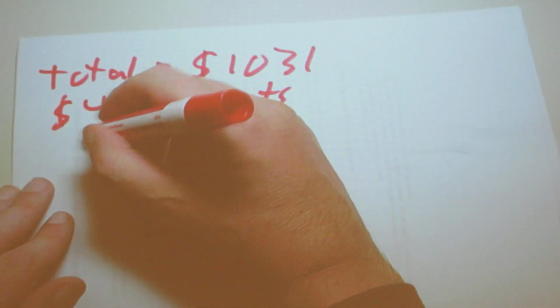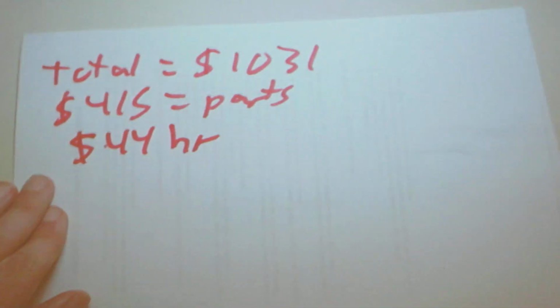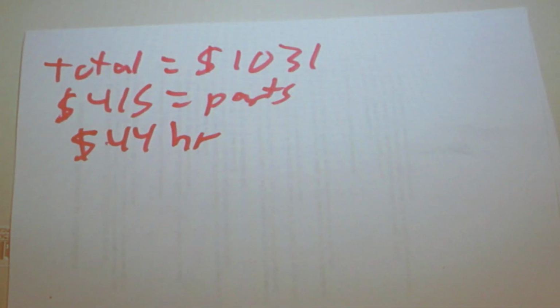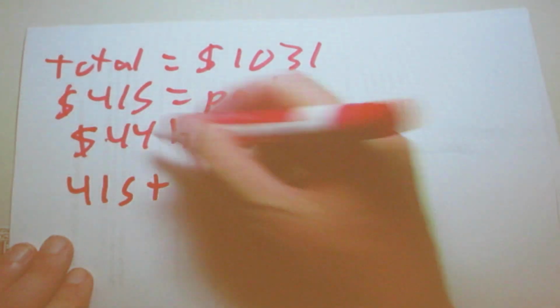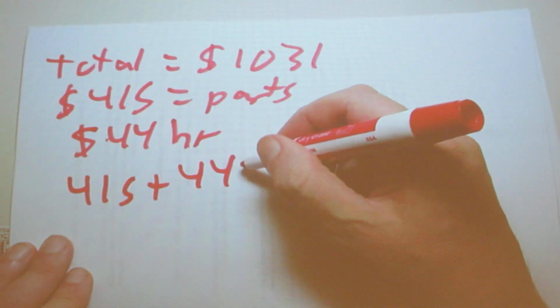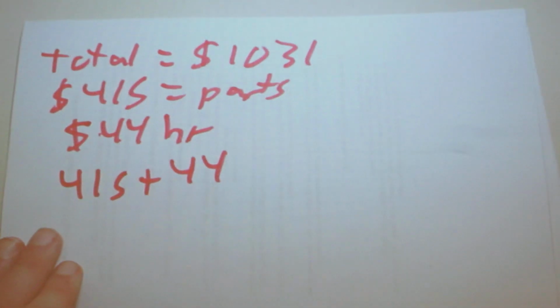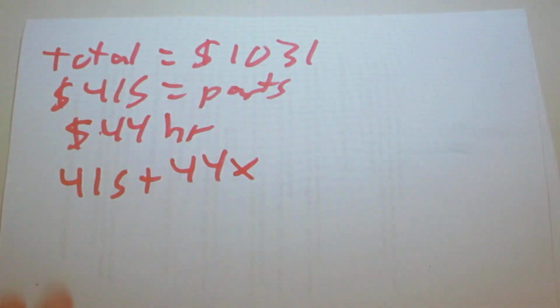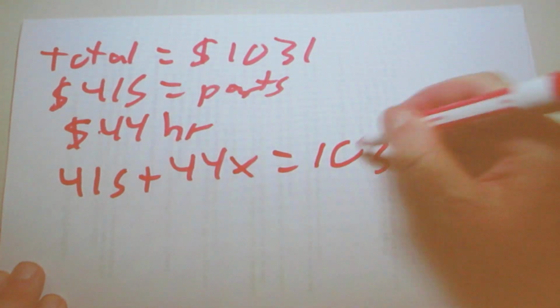And labor is $44 per hour. So first we have to set up an equation. We know that it's 415 base plus 44 times hours, and in this example it says to use an x. Make sure that you use whatever variable it tells you, and it equals 1031.